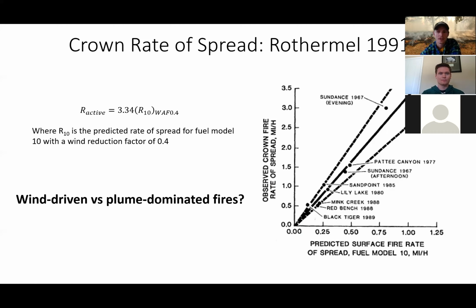So those are fires where the wind speeds tend to be on the higher side, and it's really the ambient high level winds that are pushing our fire and dictating the rate of spread and the spread direction.